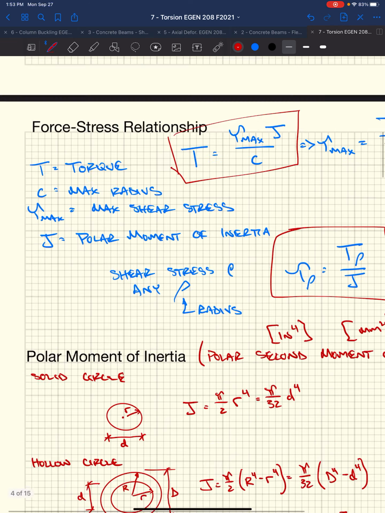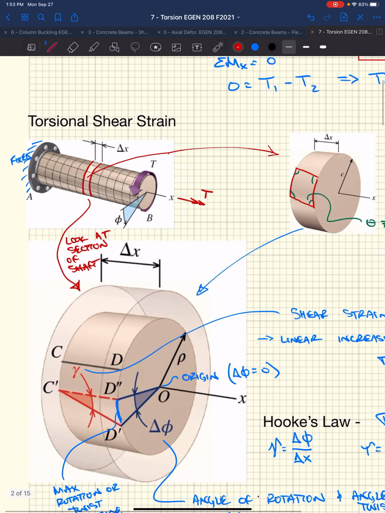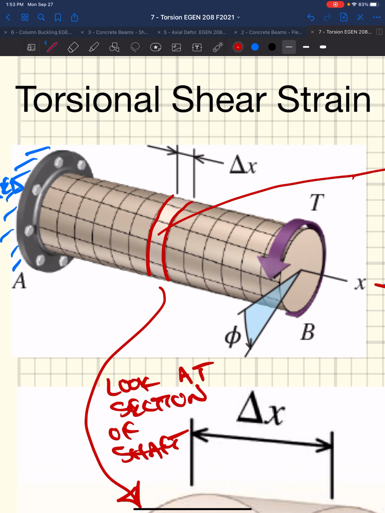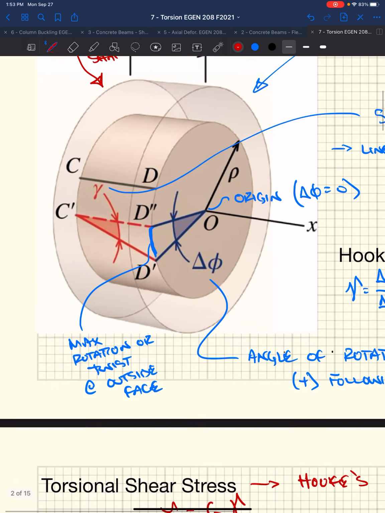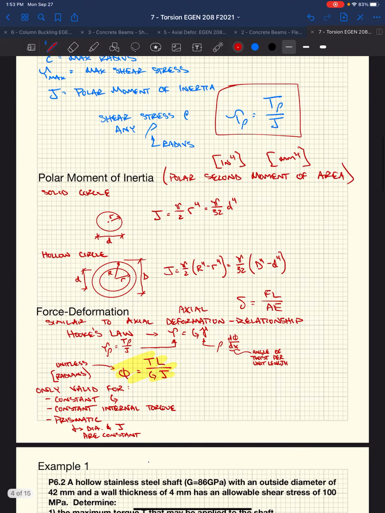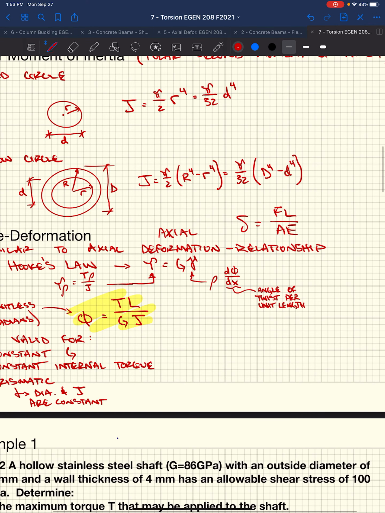We assume these make nice straight lines as we go down along the shaft as this thing rotates, okay? If we start changing any of those parameters, it screws all of this up. So we're going to keep it simple, and that's what we're going to assume. We can also derive, based on some of the other equations that we've already derived for shear stress and angle of rotation, 3 more equations that are helpful.